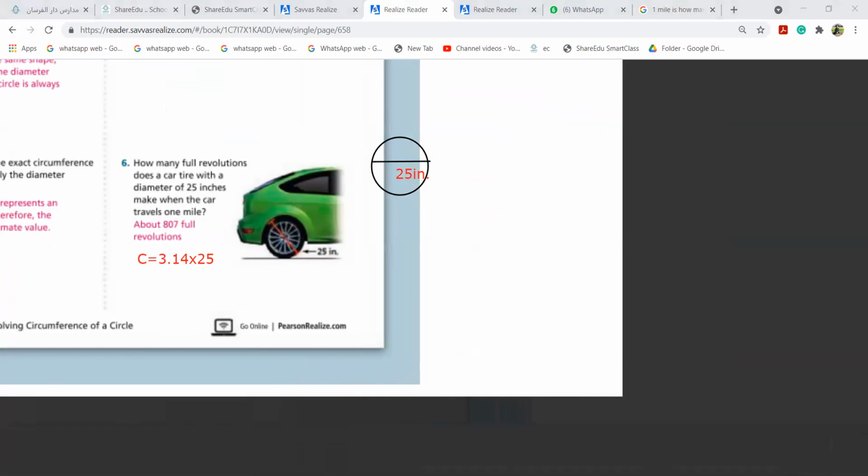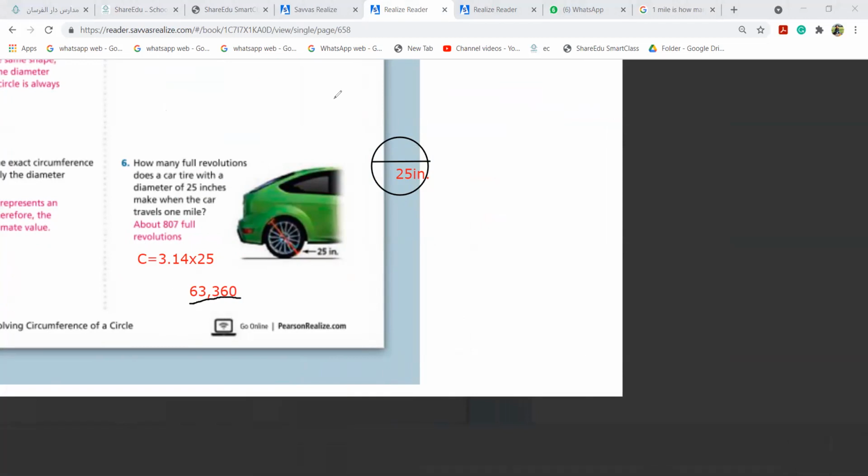I will take this number and divide it with, how much did you get? You told me 78.5.